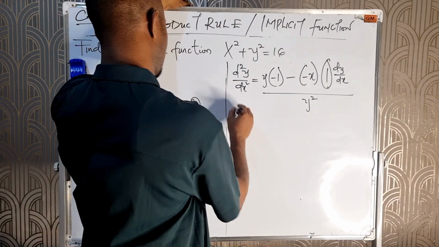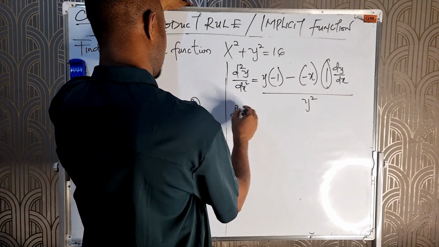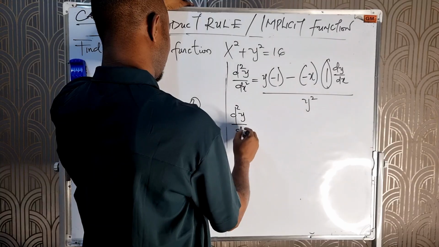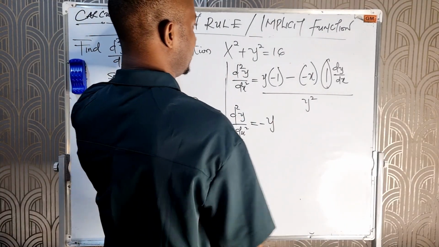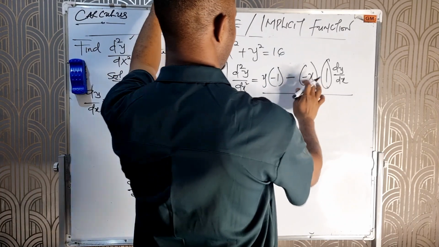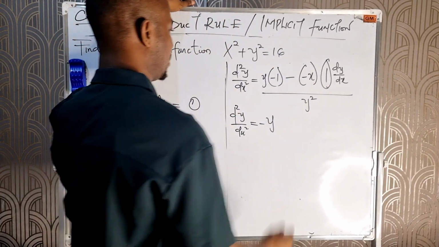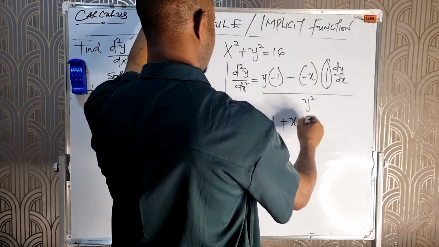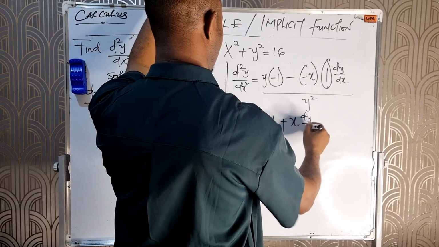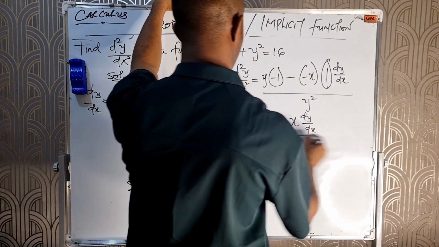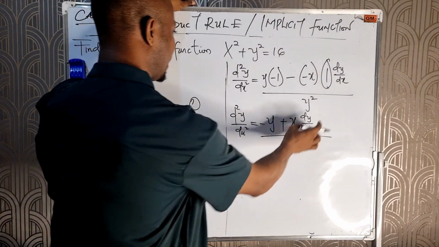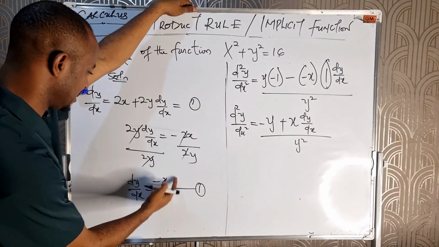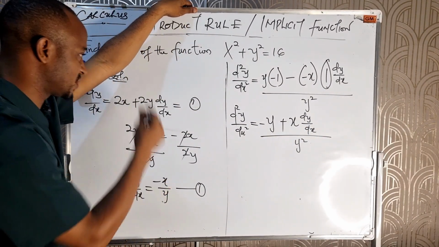So we're going to have d²y over dx² equals minus y, right? Minus times minus will give us plus. So we're going to have plus x dy/dx, all divided by y². But recall that dy/dx we solved. The answer is minus x over y.